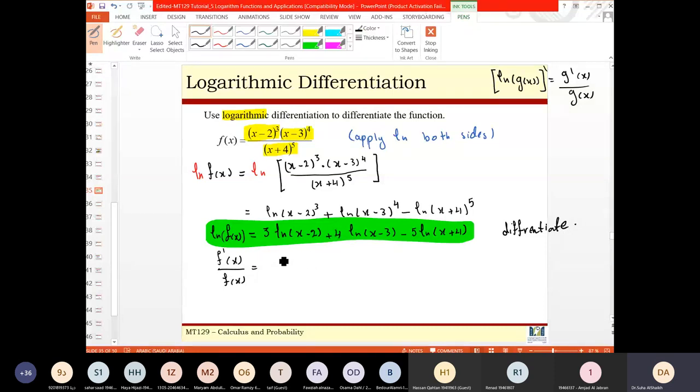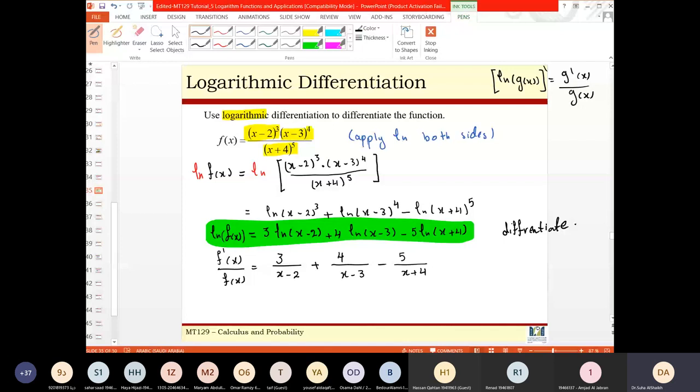Correct Khaled, it is 3 over x minus 2. And what's the derivative of 4 ln x minus 3? Excellent, it's 4 over x minus 3. And what's the derivative of minus 5 ln x plus 4? It's minus 5 over x plus 4.